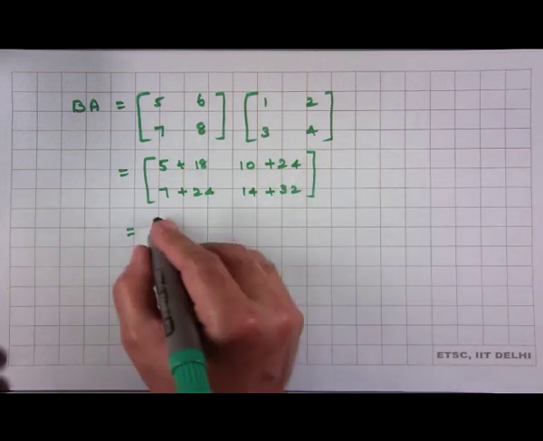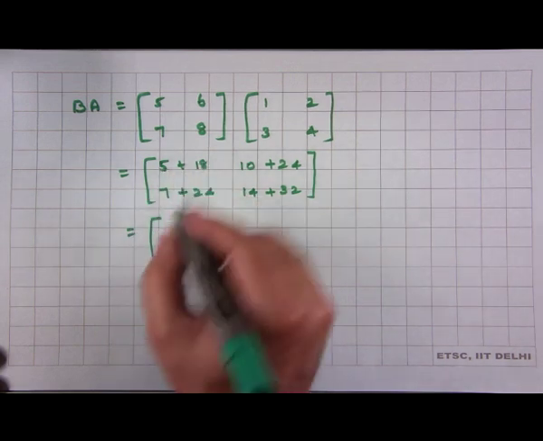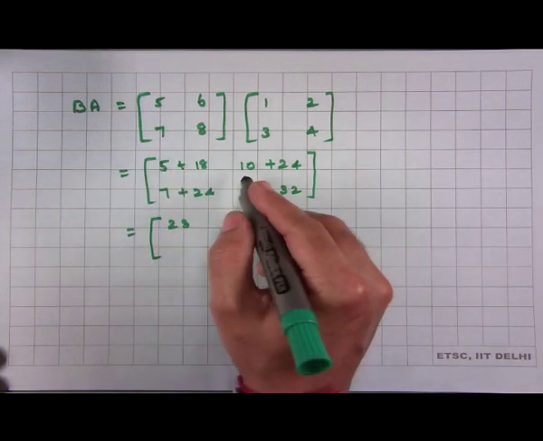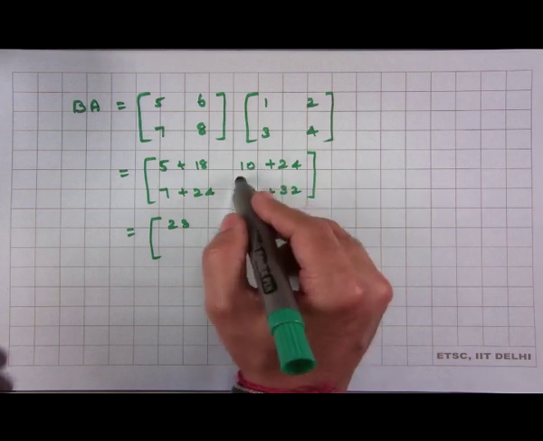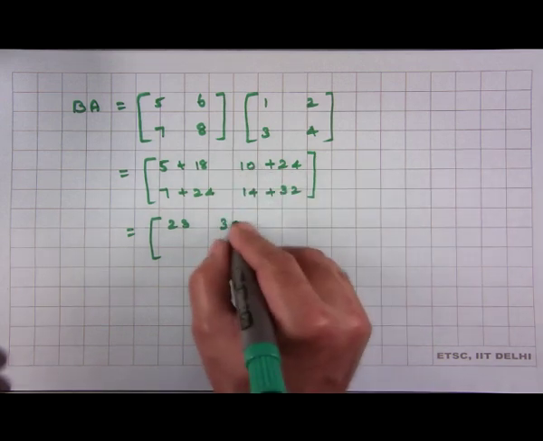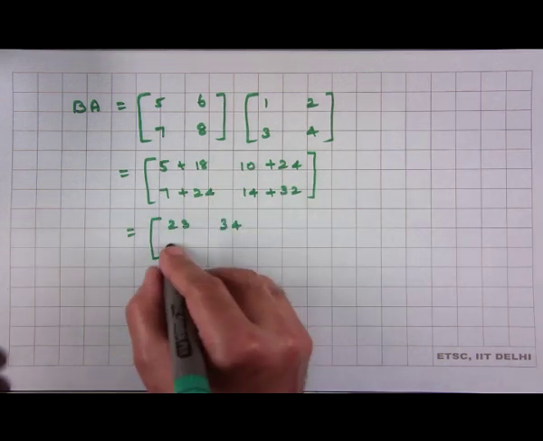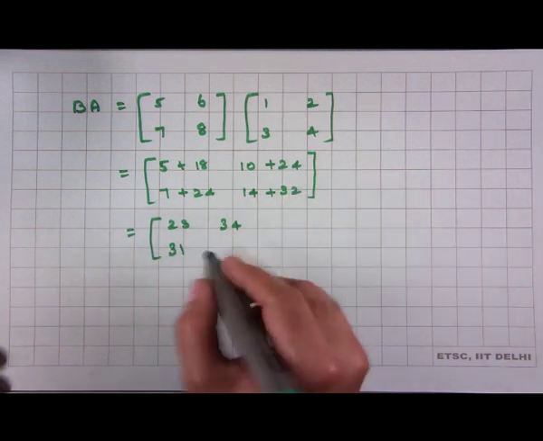which is equal to 5 plus 18, which is 23, 10 plus 24, which is 34, 7 plus 24, which is 31, 14 plus 32, which is 46.